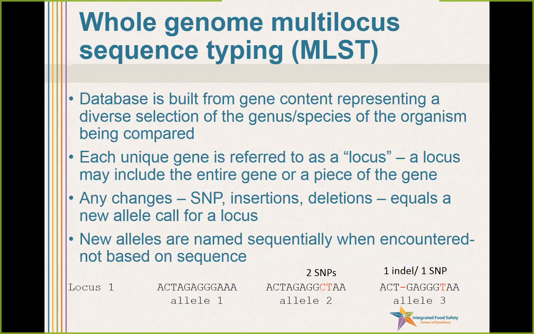We would call that a different allele and number it sequentially as allele 2. This is not named allele 2 because it has 2 SNP differences, but because it's the next one where we saw a difference. We look at the next read and see that it has 1 indel and 1 SNP and call it allele 3. Notice that when it comes to MLST, we are including indels as a difference from the original read.